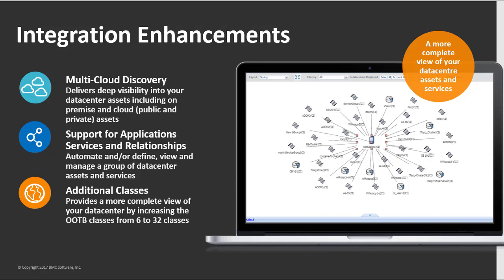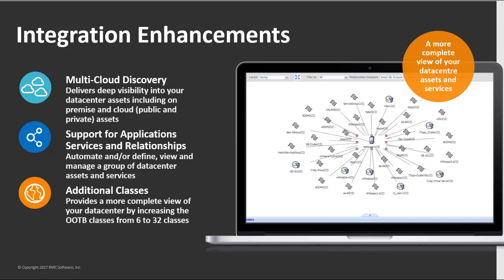In addition, we also support application services and relationships. One of the strengths that I didn't mention earlier about BMC Discovery is that it supports application dependency mapping, meaning that it gives you the ability to define logical groupings. I always use the example of an ERP system, which can consist of multiple databases, clusters, servers, applications.